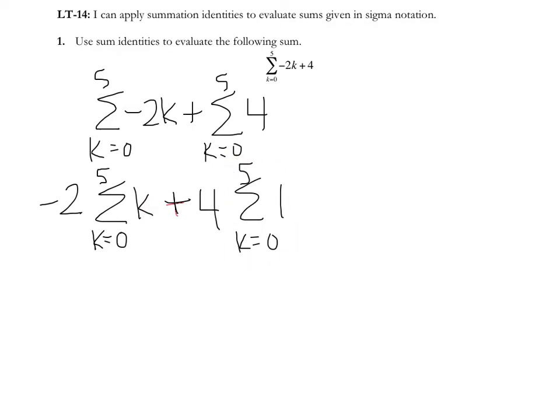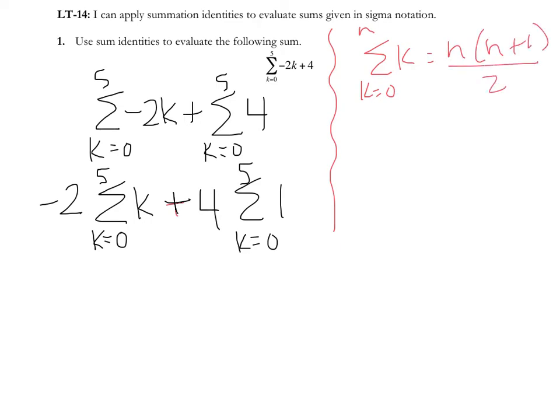So on our sum identities sheet, there is one sum that says the sum of k from k equals 0 to n is equal to n times n plus 1 over 2. We also have an identity that says that the sum of 1 from k equals 0 up to n is equal to n plus 1.